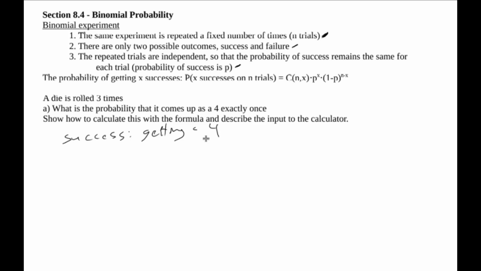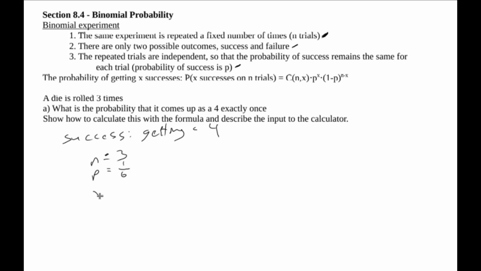So if we wanted to use the formula to calculate this, we'd need to figure out n, the number of trials. Well, we're rolling the die 3 times, so there are 3 separate trials. We need p, which is the probability of a success. A success is just getting a 4, and that's 1 out of 6 because there's only one 4 on the die. I'm assuming that this is a 6-sided die.